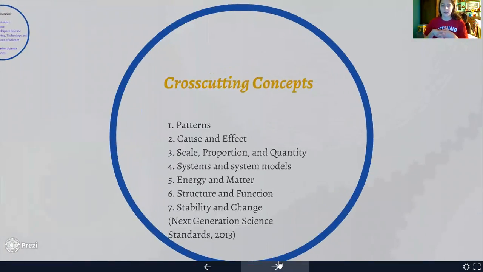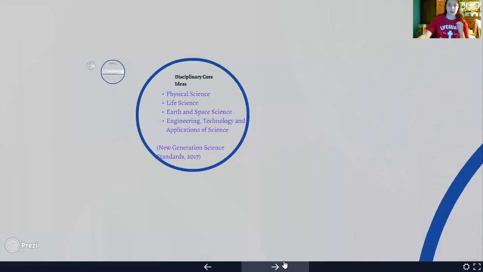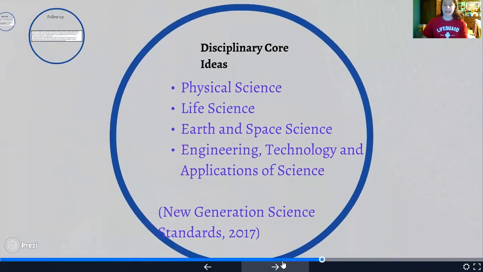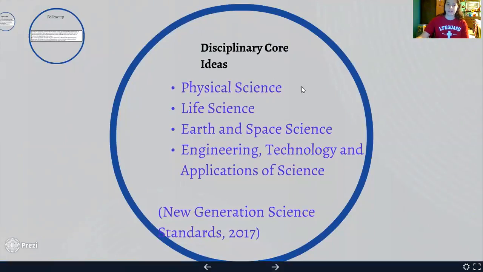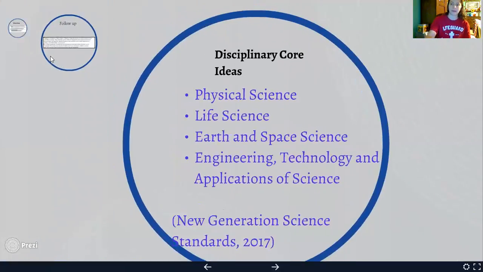Cross-cutting concepts are the different types, such as patterns, cause and effect. This is how students are able to look at the science lesson and then determine the different types of things for the experiments. And then disciplinary core ideas, of course, are the different sections of science: physical science, life science, etc.